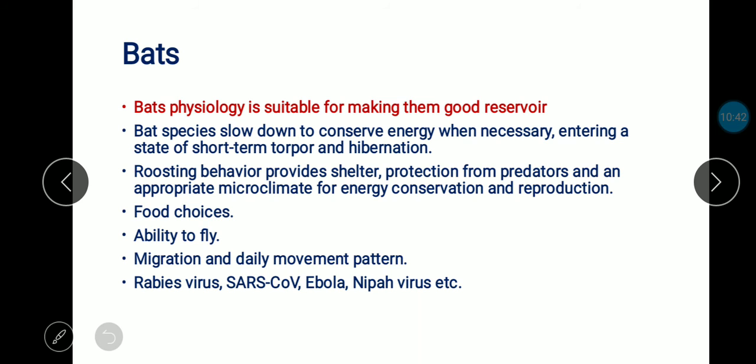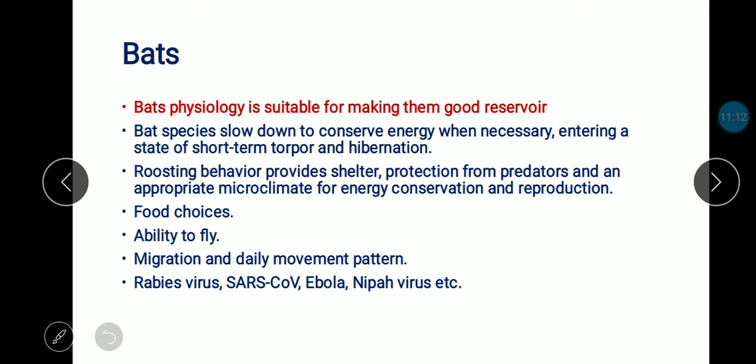The bats have a specific physiology which makes them a good reservoir. Bat species slow down to conserve energy when necessary, entering a state of short-term torpor as well as hibernation, meaning the condition in which energy conservation is necessary.